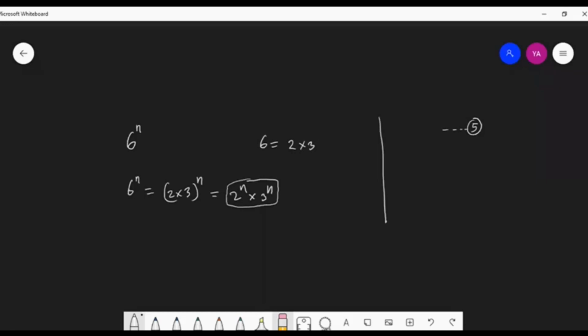If a prime number is a factor of a given number, then it will occur in its prime factorization. But in the prime factorization of 6 raised to n, there cannot be 5 because of the uniqueness property of the fundamental theorem of arithmetic. So it is not possible for 6 raised to n to end with 5. That's the proof; you want to write it in sentences.